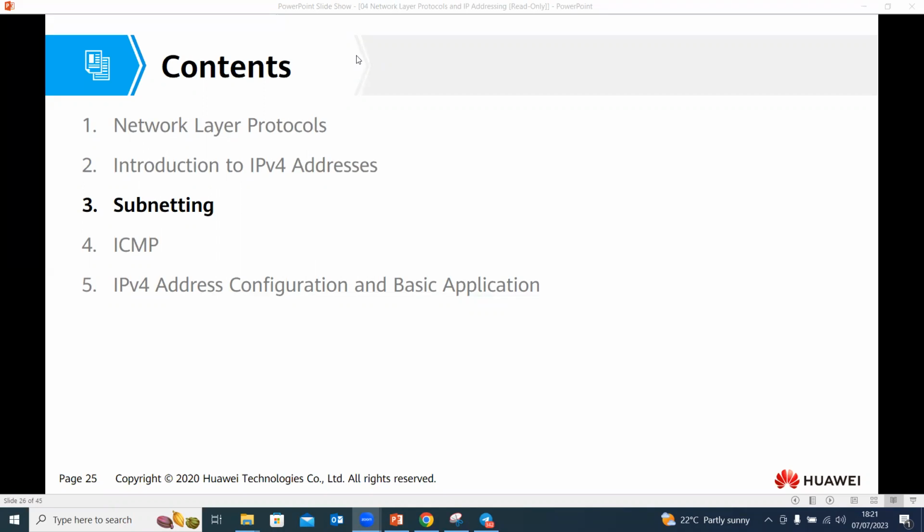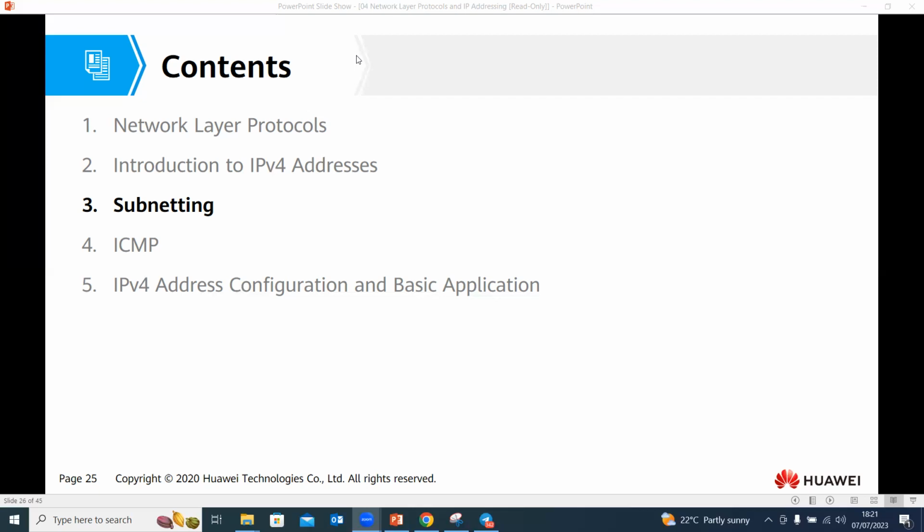So if we have a very big network, we shall have a lot of traffic moving within the same network, and at the end of the day you shall have congestion. We call it overloading.